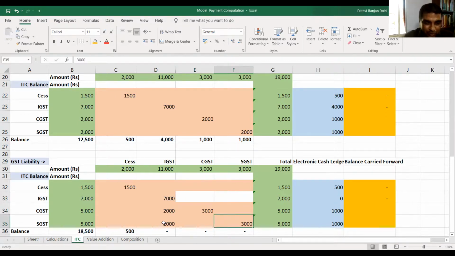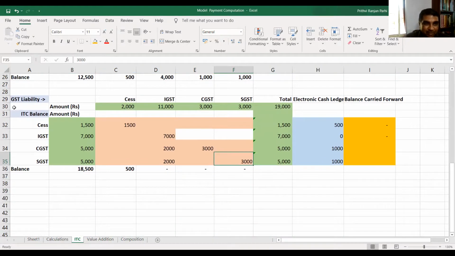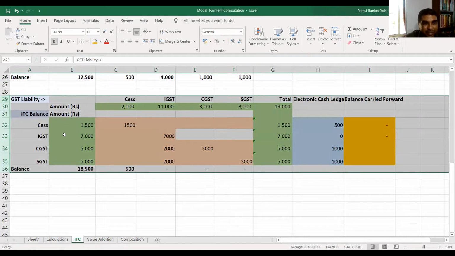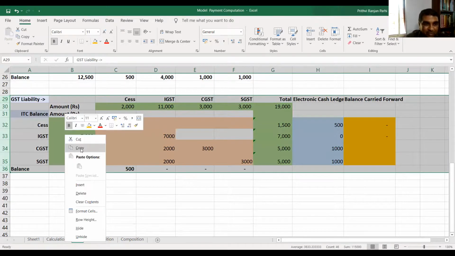Okay, so when I am using this 2,000 for IGST, I have to ensure that CGST credit is exhausted. If in case CGST credit is not exhausted, let us say, I am making a little change here. Is it okay for you? Let me take you to the next step. Let us say another 5 minutes we will talk.